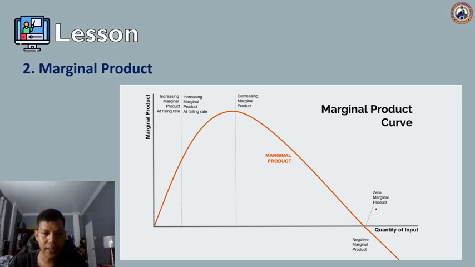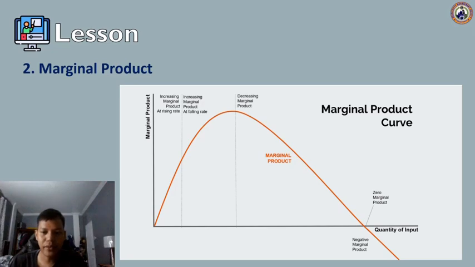So in this figure, you can see that the output will increase at an increasing rate till L1, or labor 1. The marginal product is rising till L1. Then given a fixed input, as the managers of pizza restaurants add extra workers, the total output increases, however, at a decreasing rate.